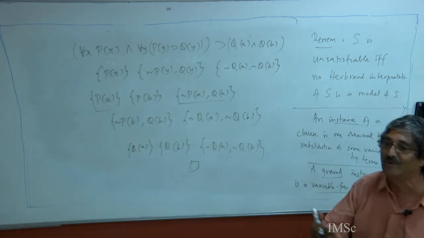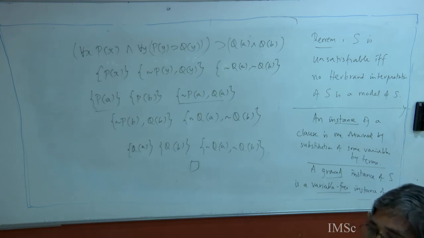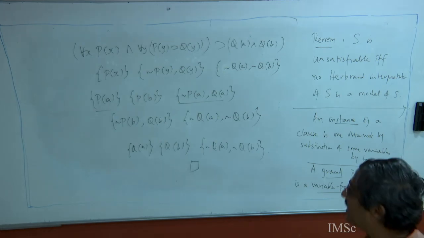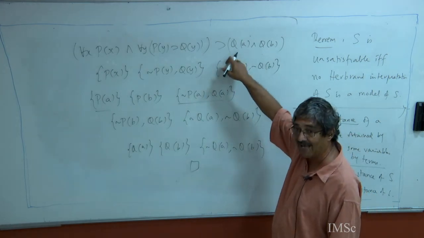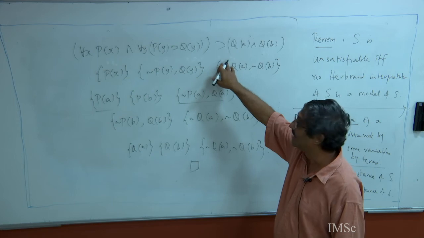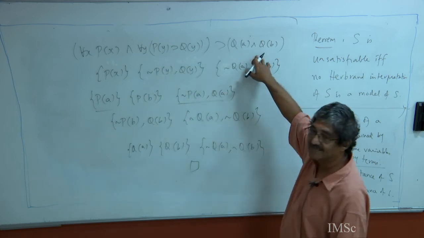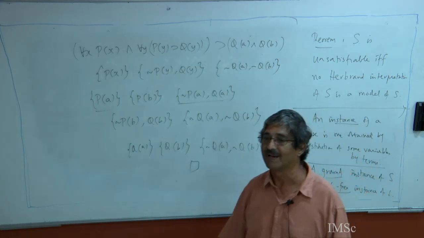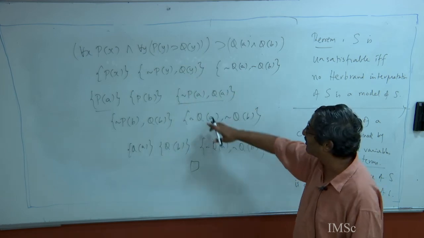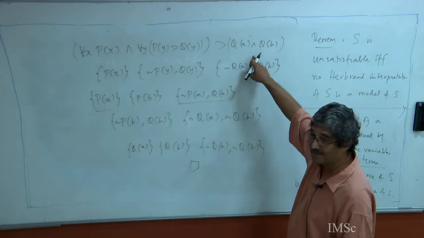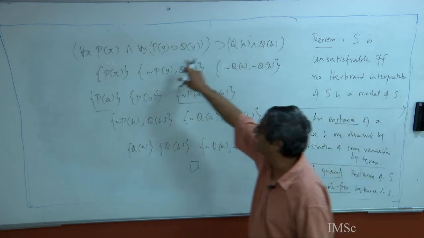This is how we would be doing it either in the Hilbert system or in natural deduction or any of them. His point is that by taking refutation to show that this is valid, you just show that if I take this and the negation of this, that is not satisfiable, and for that you convert it into clausal form. You can use ground instances, and the ground instances are all inspired by the given formula.